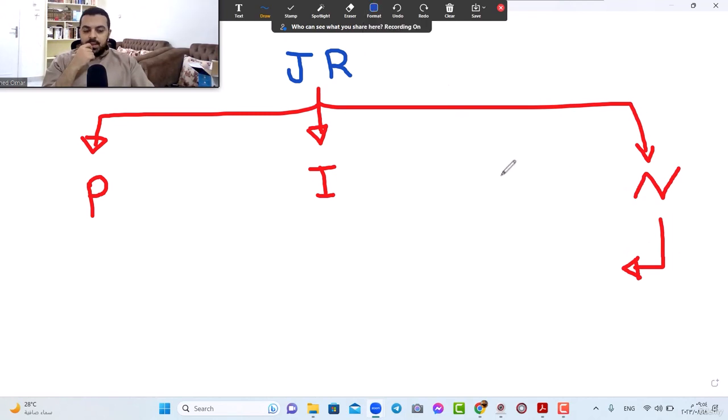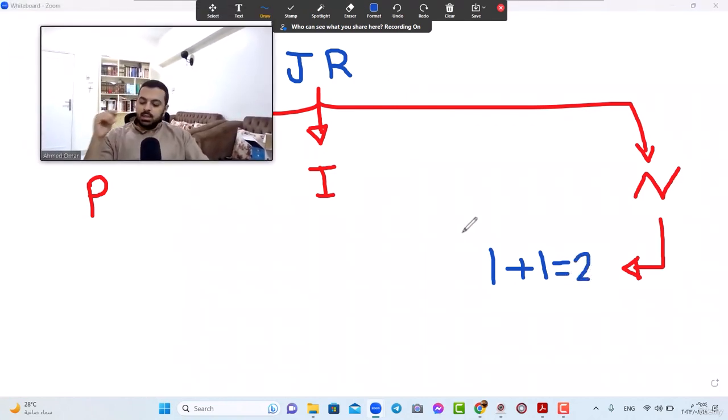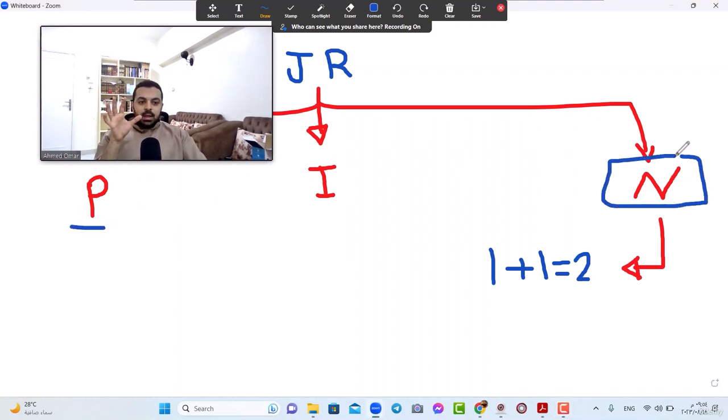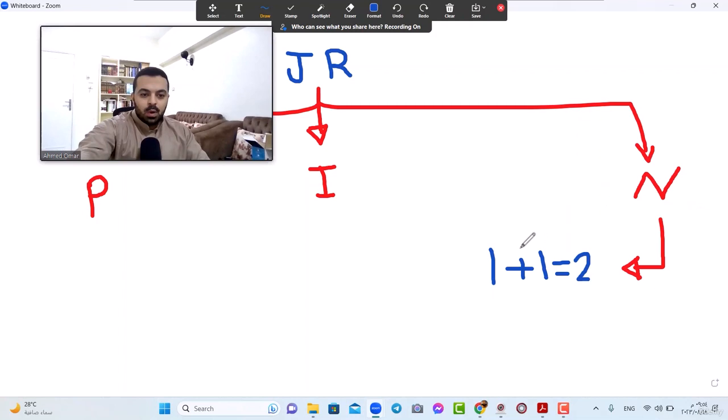If I said 1 + 1 equals 2, is it necessary or not necessary? Someone open the mic and answer me. That is correct, but is it possible or necessary? Is it possible somehow to see 1 + 1 equals 3 or other than 2?